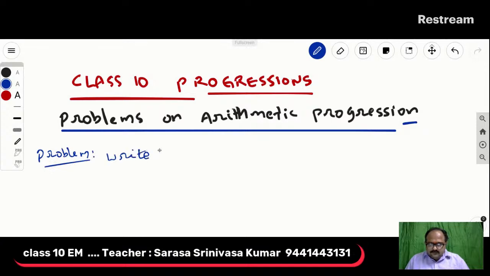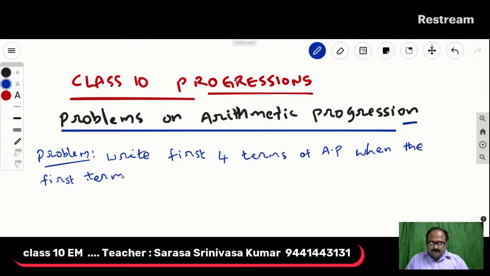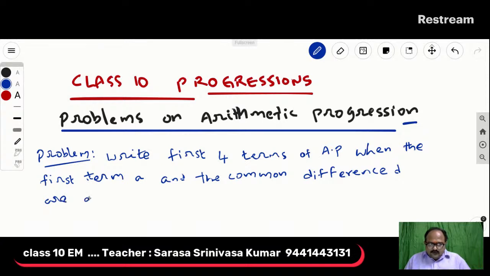Write the first four terms of arithmetic progression, when the first term A and the common difference D are given as follows.